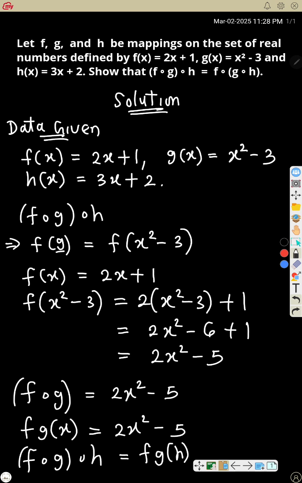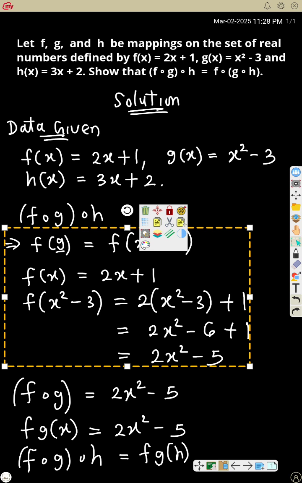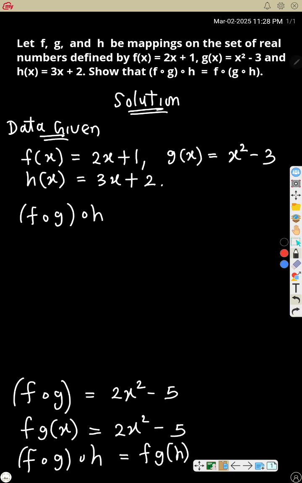So let's break it down. f of g of h is the same thing as this.